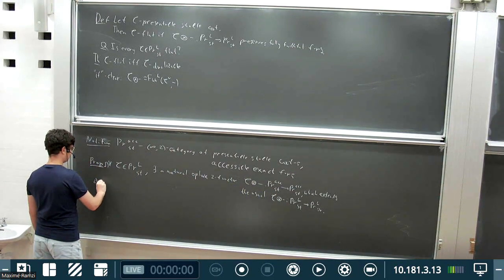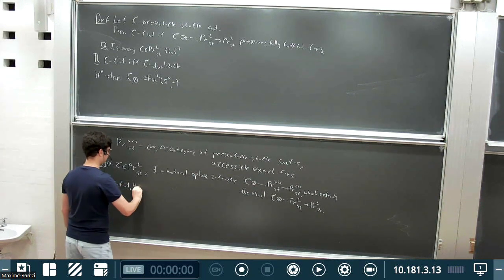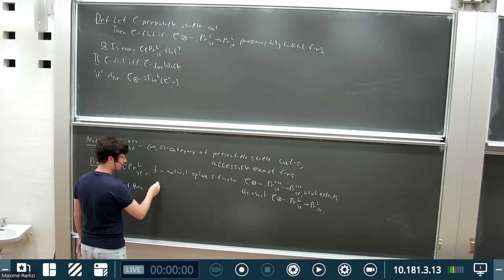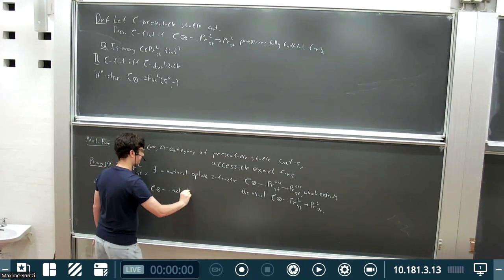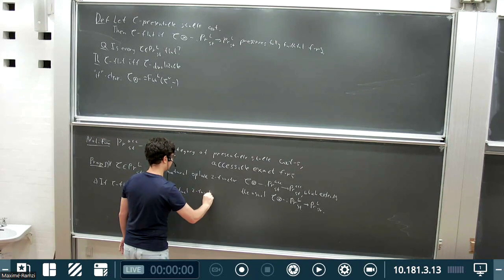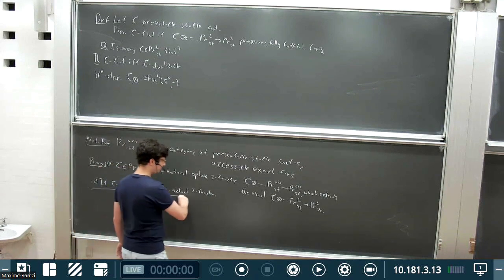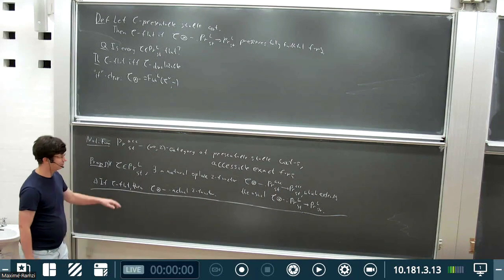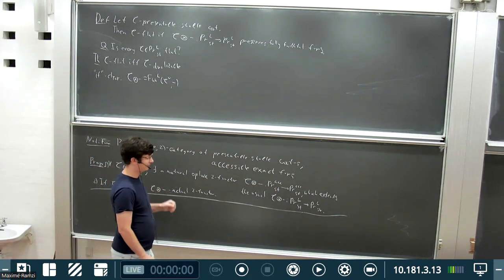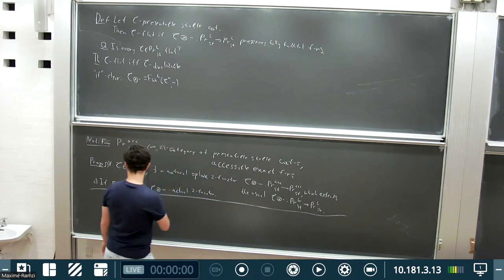And second is that if C is flat, then this is actually an actual two functor. So not only oplax, but we get an actual two functor. So can you remind me what oplax means?